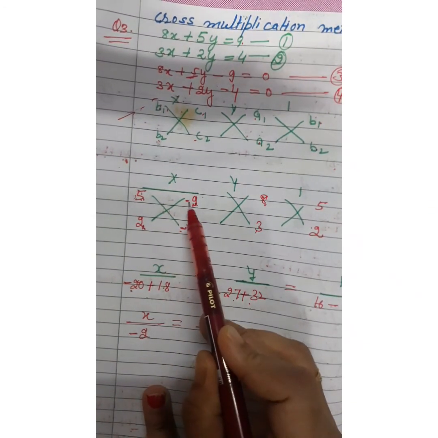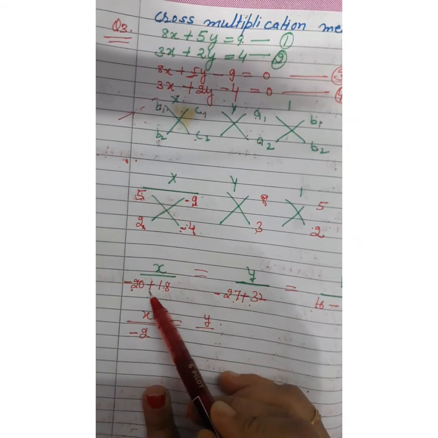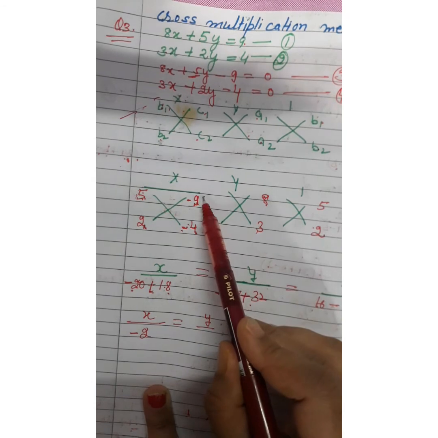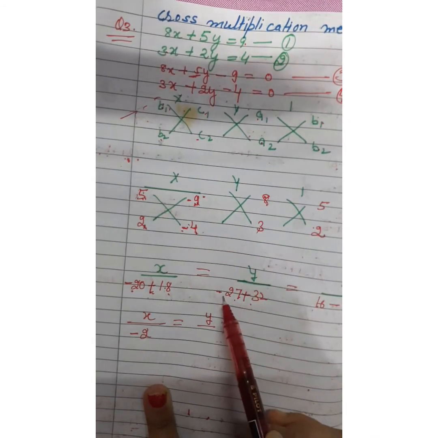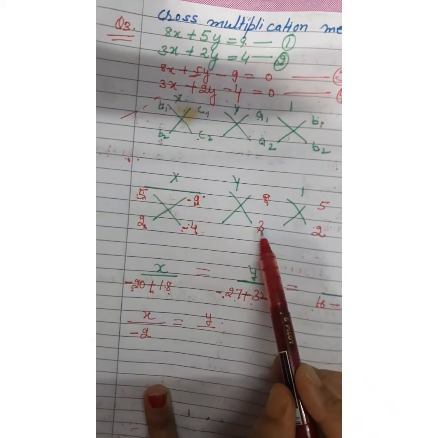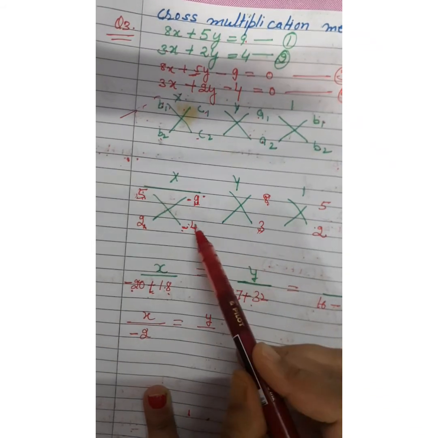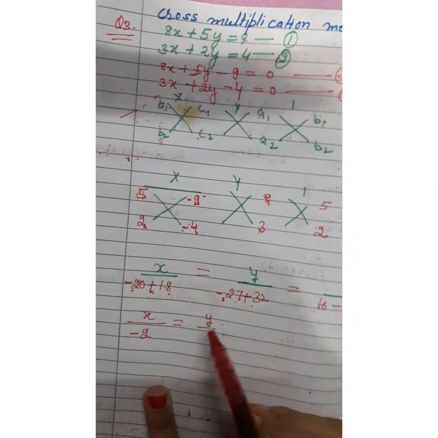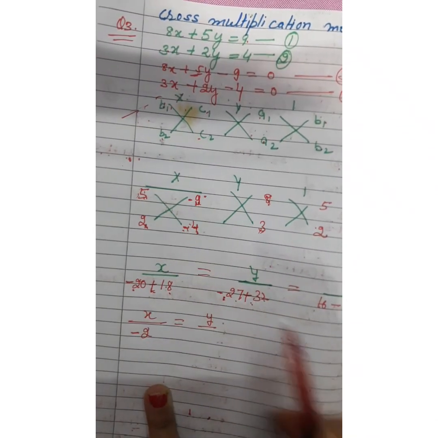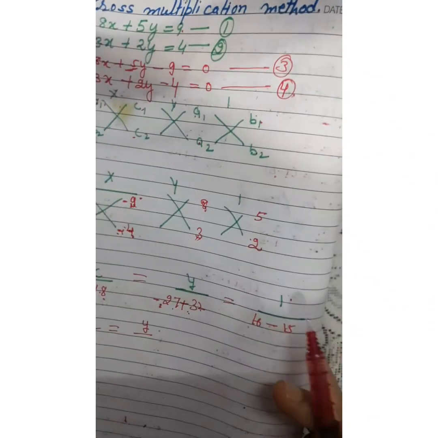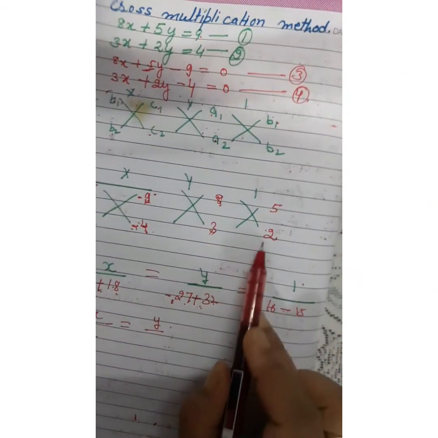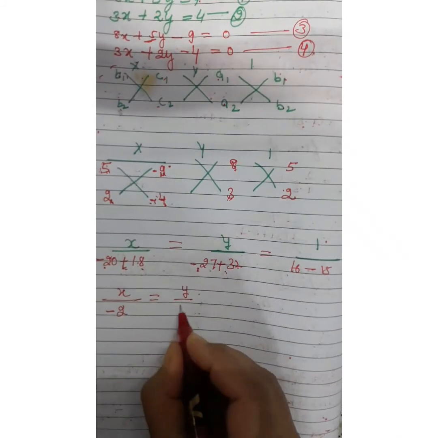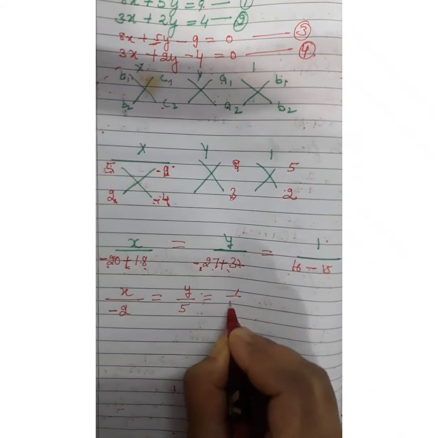Minus sign is here and minus sign from formula, so minus plus 18 and minus 9 3s, minus 20 minus 27, and minus 4 8s, minus from formula and minus plus 32 and equal to 1 upon 16. 8 2s are 16 and 15. Subtract these two. When you are subtracting these two, 5 is equal to 1 upon 1.